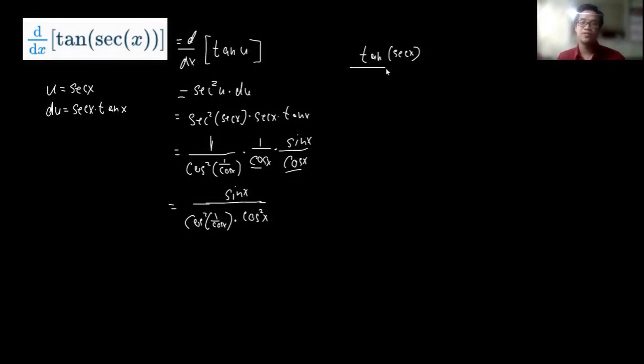So what's the derivative of your tangent, which is your outer part? This is secant squared of the given input. Then the second part is derive the innermost part, or the last part, which is inside of it. So this is just secant x times tangent x. See, that's it.